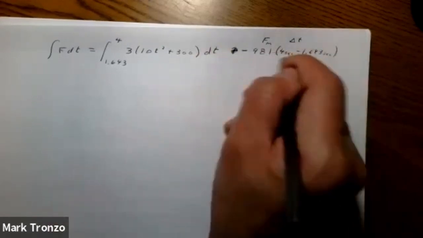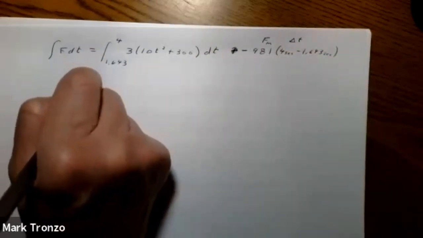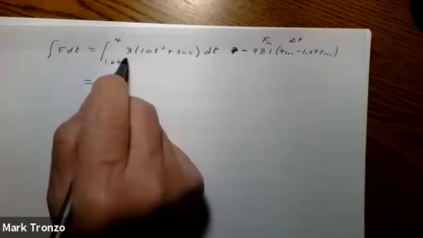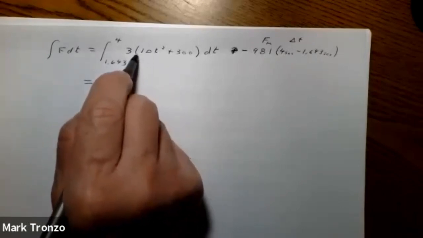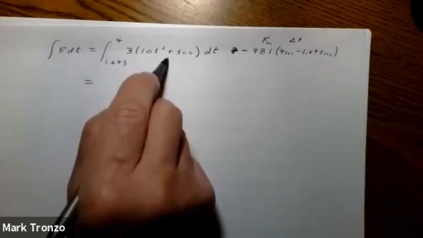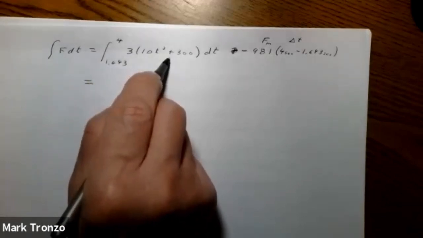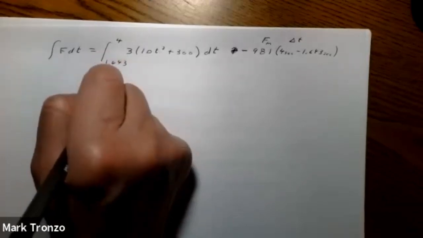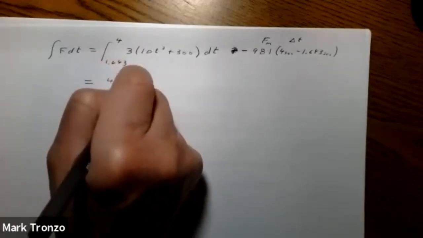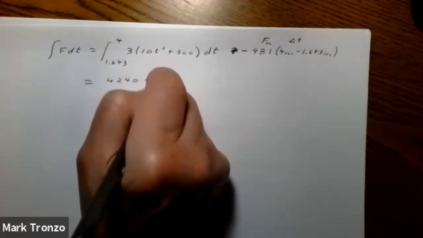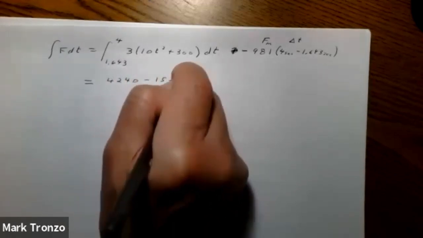So again, this is going to be resisting the lifting. And I won't go through all the details here. When you integrate this, you end up getting, let's see, this ends up being 4240 when you put the bounds in, minus 1523.